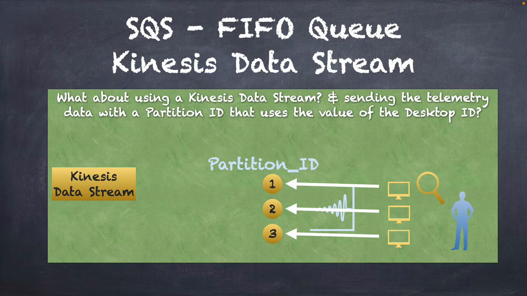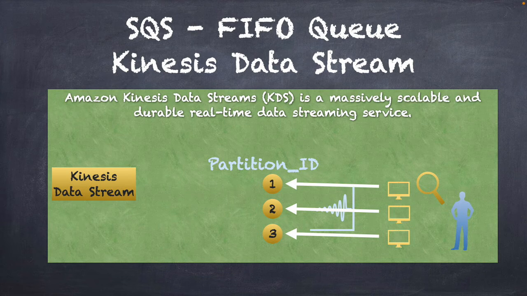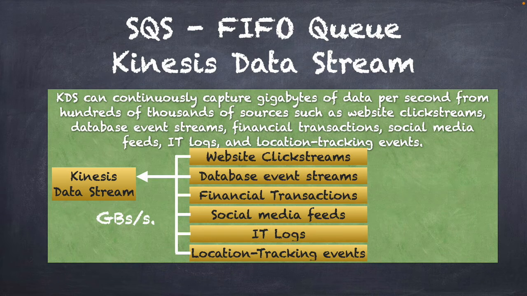What about using a Kinesis data stream, and we send the telemetry data with a partition ID that uses the value of the desktop ID? Well, Amazon Kinesis data stream is a massively scalable and durable real-time data streaming service.